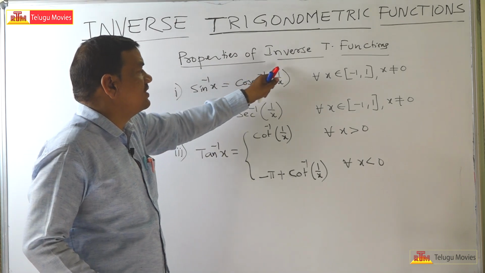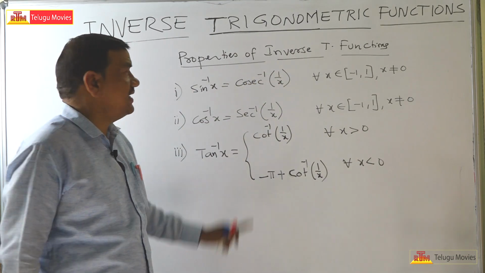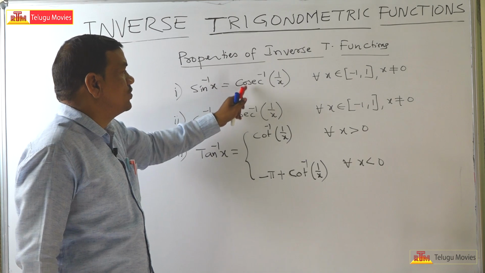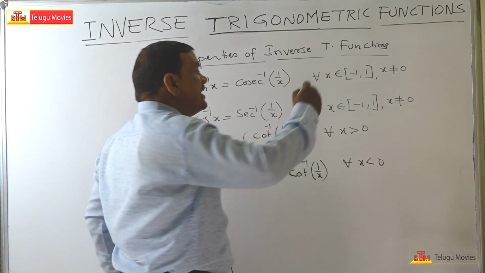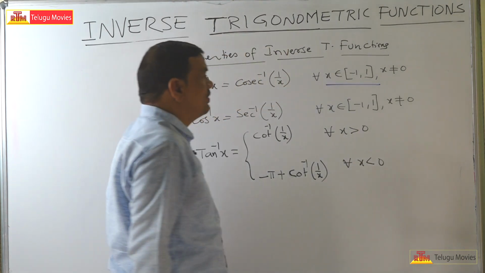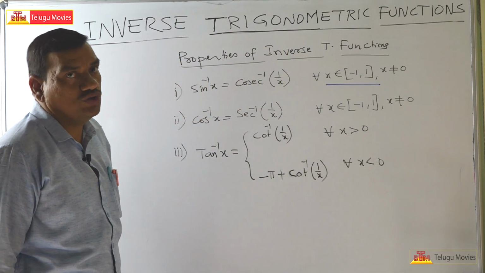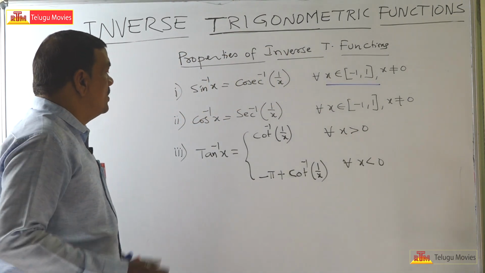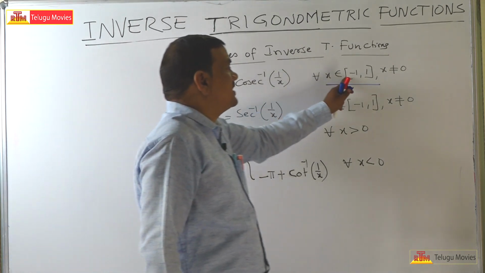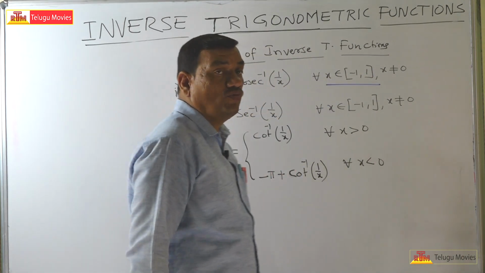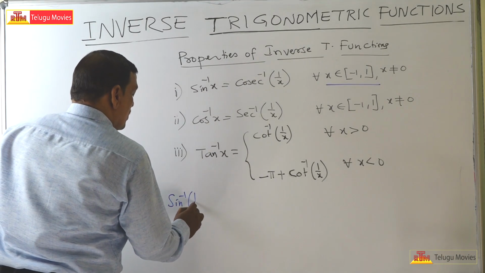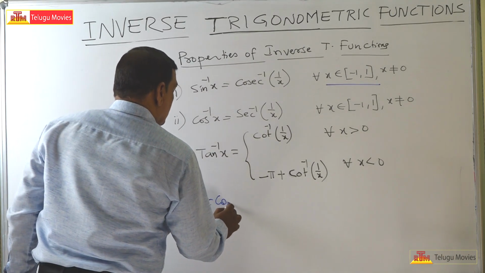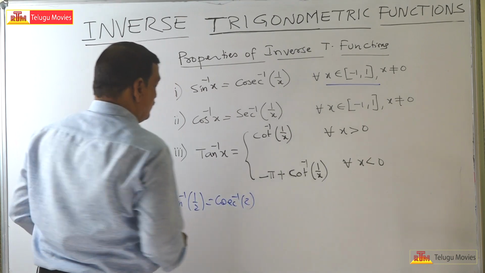So systematically learn the first basic property of these functions. See here, sin inverse of x is equal to cosecant inverse of 1 by x. But the condition is x should belong to -1 to 1 and x should not be equal to 0. That means, whenever sin inverse of 1 by 2 is there, you can write it as cosecant inverse of 2.